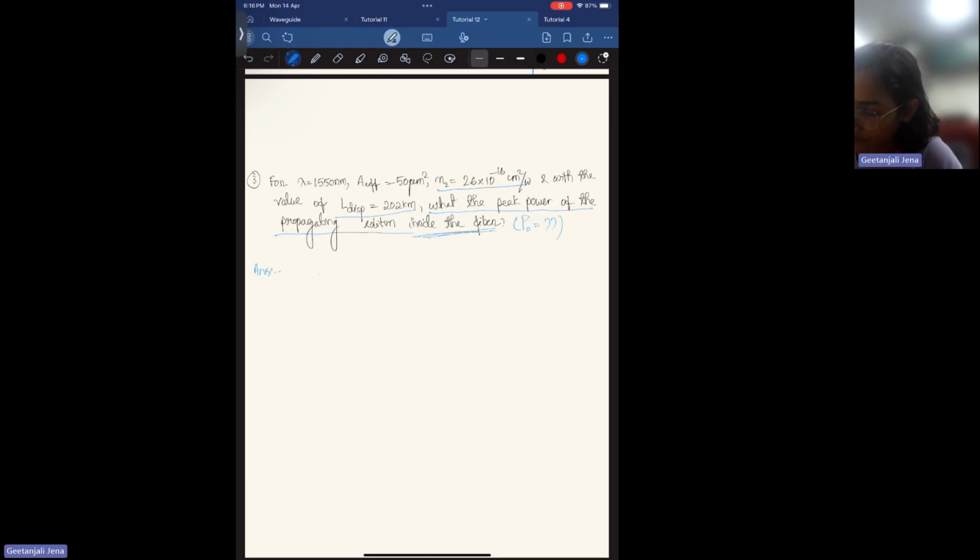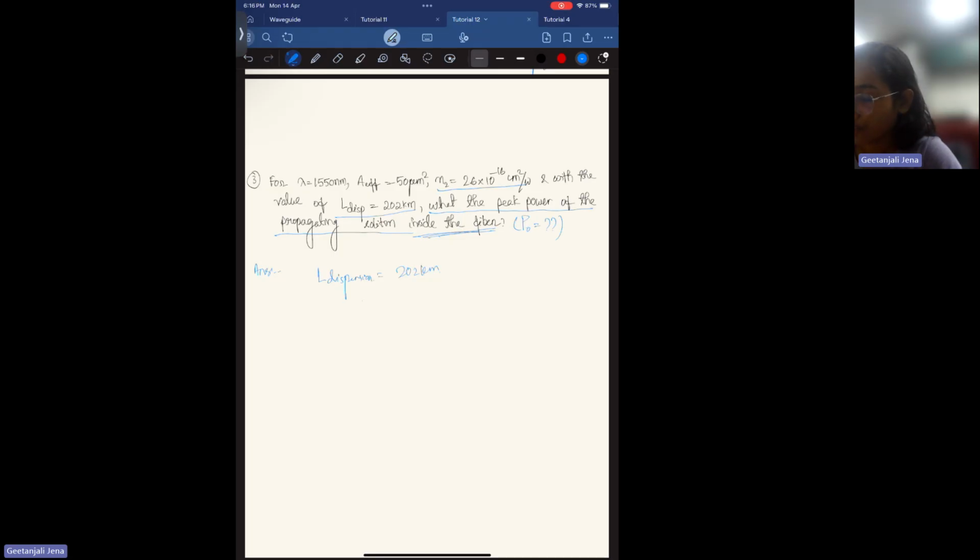For P0, the dispersion length is given, right? It is 202 kilometer. As long as it's not mentioned, we can take it as a fundamental soliton.